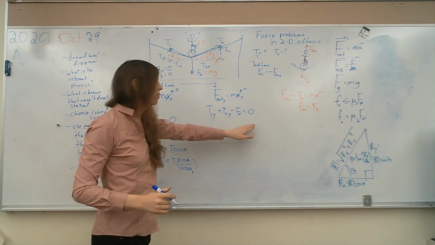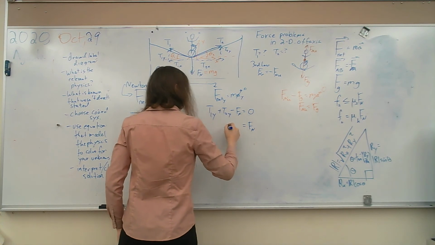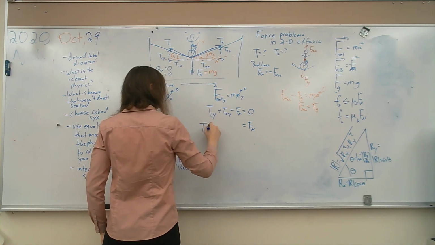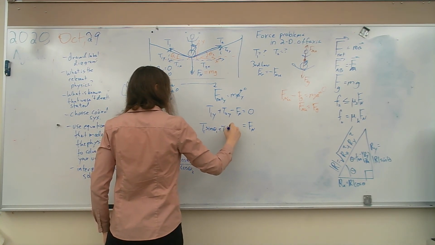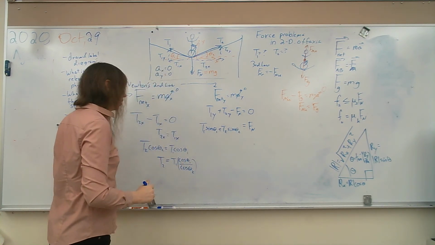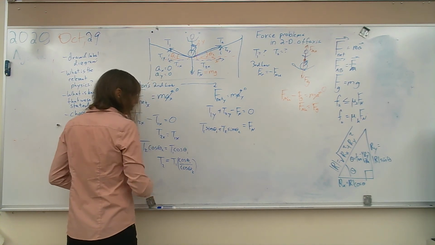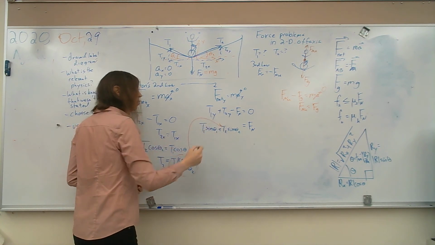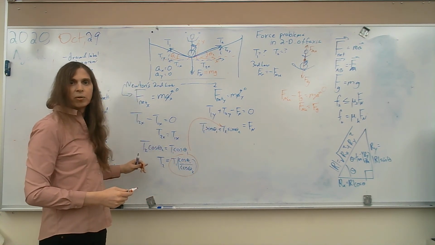So I'm going to go ahead and get that on the other side. And we've got T1 sine theta 1 plus T2 sine theta 2 gets to equal all this loveliness. And so we'll take our value for T2 that we solved over here, looking at what was going on in the horizontal direction.